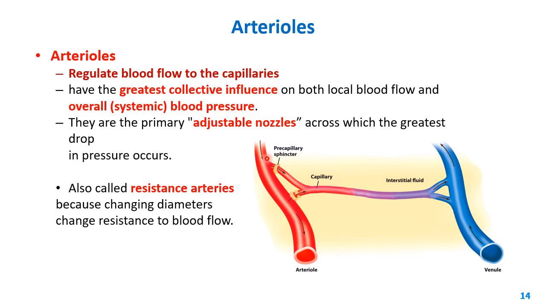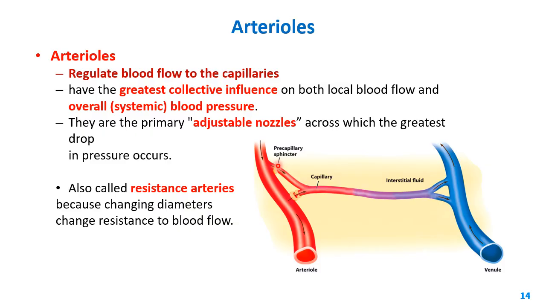You are going to have a large number of those arterioles in comparison to the other arteries. Okay, so most of your blood is going to be in the arterial circulation.